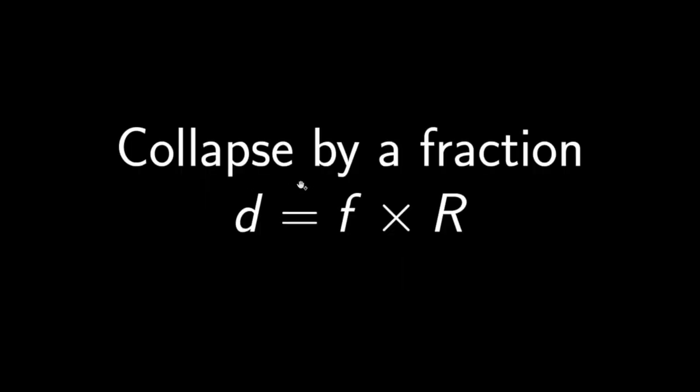Now we will make some approximations, and we will pretend like we are just collapsing the ball of gas by some small fraction. And the reason we care about collapsing it by some small fraction instead of all the way to 0 is because the first part of the collapse will be the slowest part.